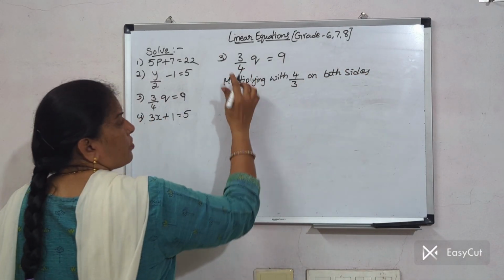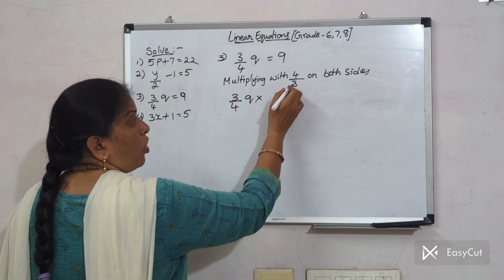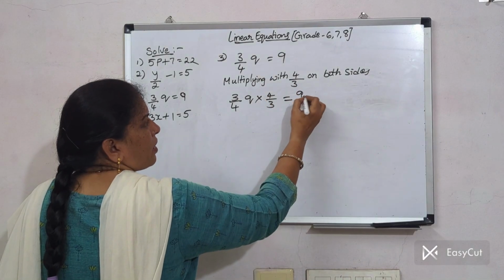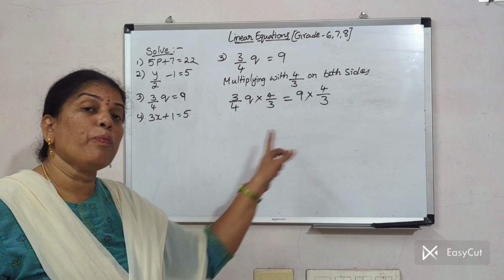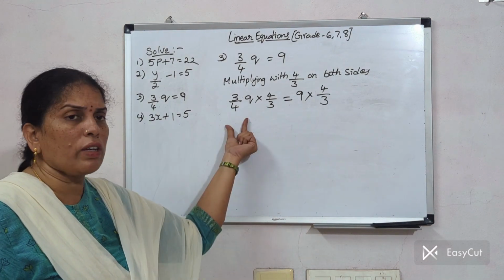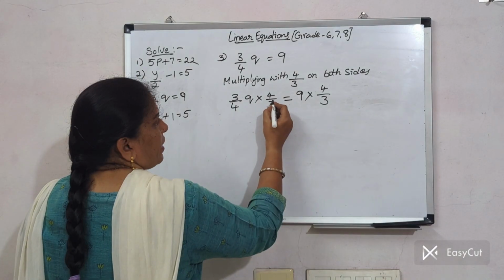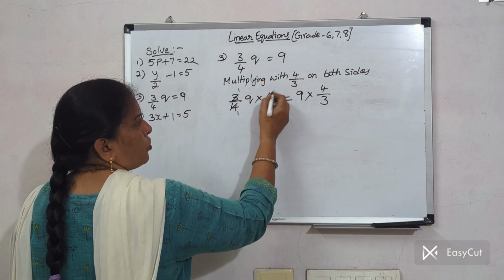So 3 by 4 q into 4 by 3 is equal to 9 into 4 by 3. I told 4 by 3 on both sides. Both sides means left side and right side also. 3 ones, 3 ones. This 4 also, 4 ones, 4 ones.